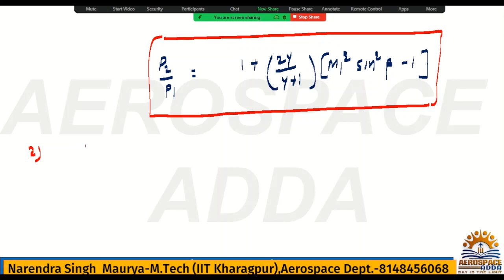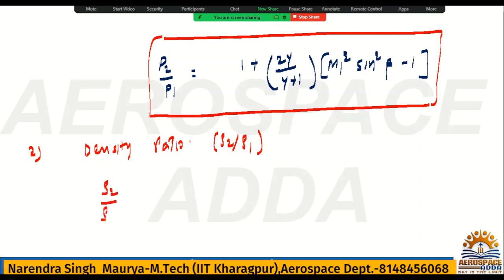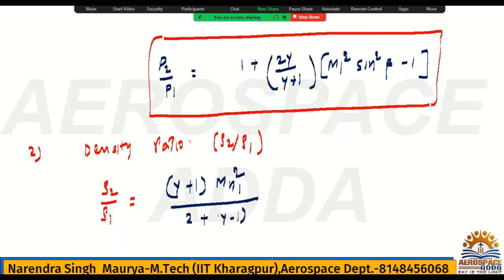Next, formula number 2. We need to write the density ratio, that is rho 2 by rho 1. For the normal shock, what was the formula? It was rho 2 by rho 1 is equal to gamma plus 1 M1 square over 2 plus gamma minus 1 M1 square. So now it will be Mn1 square.